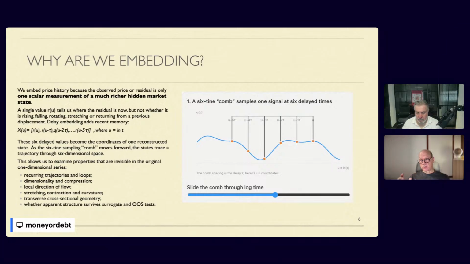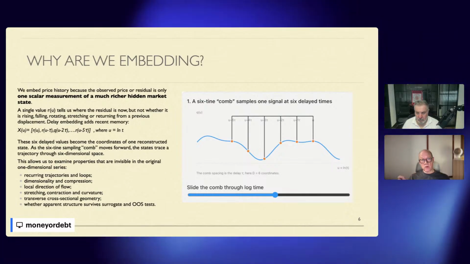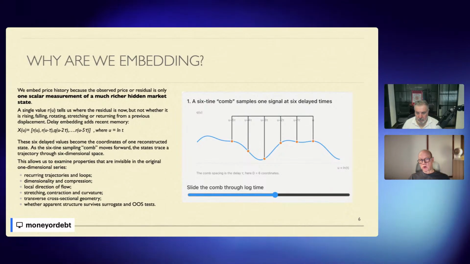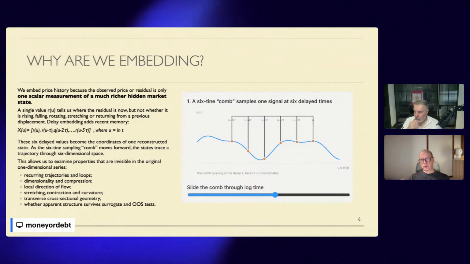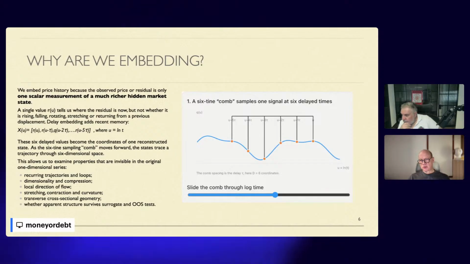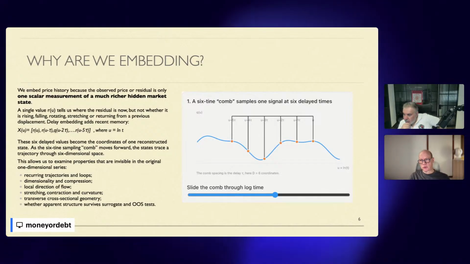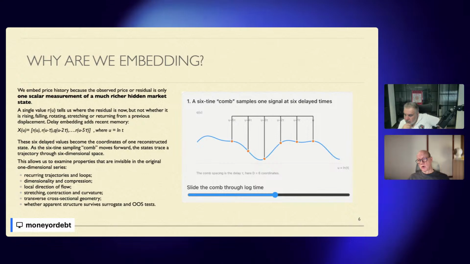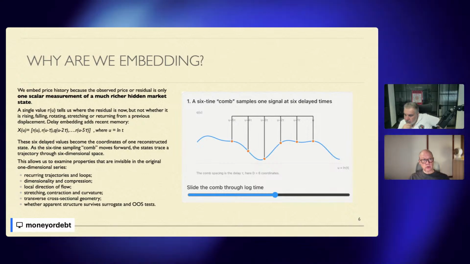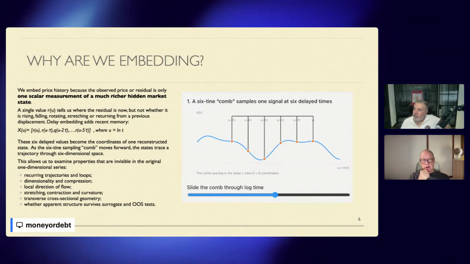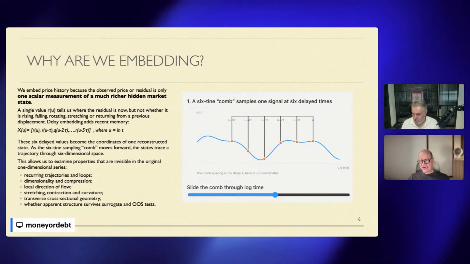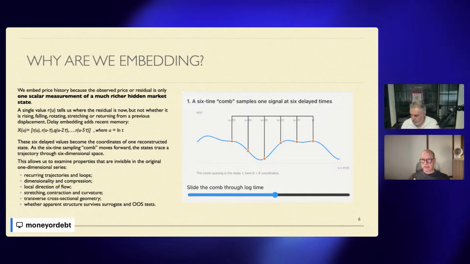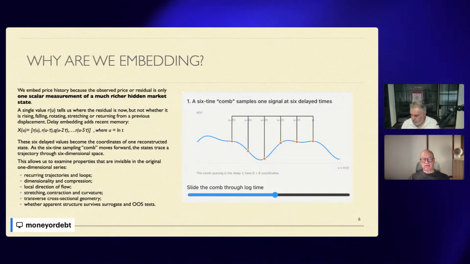And the comb has a spacing parameter, tau, which is a certain number of logarithmic intervals. And it turns out 50 is a good choice. You're trying to do the intermediate structure. You're not trying to be too short term, but if you go too long term, you kind of miss what's going on as well. And we're always looking backwards in time, because we don't want to be using forward data, because we're trying to see what we can project forward in time.